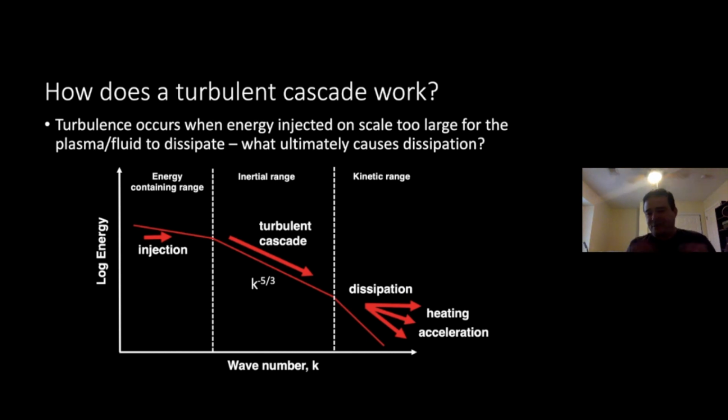That's finally where the eddies are small enough that some sort of process, in traditional fluids, it's some sort of viscous process, viscous heating. In plasmas, you often have a low enough density that there's very little collisions. So some other process has to heat and accelerate the particles. We often call this the kinetic range.